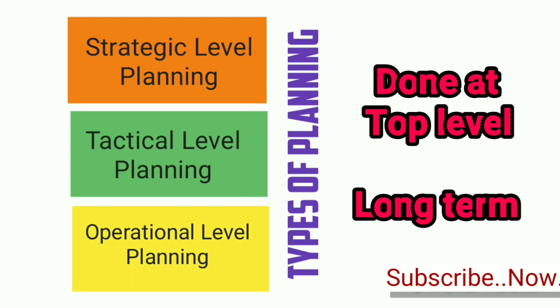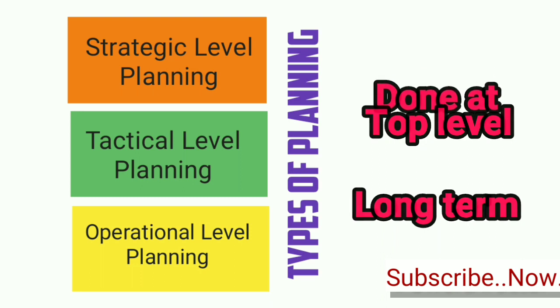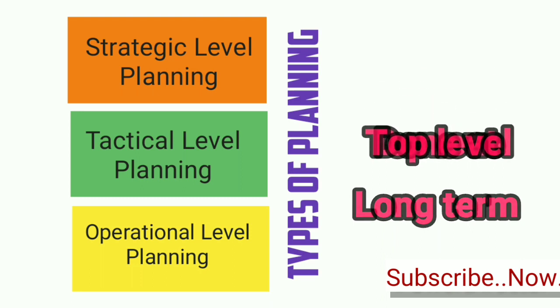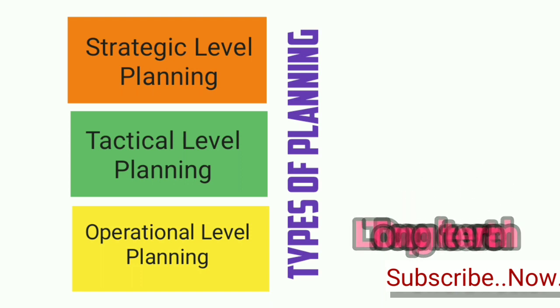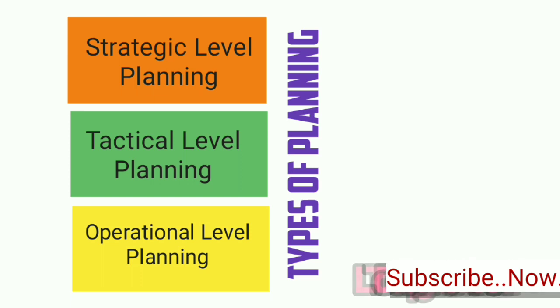For example, expanding the business, retrenchment of employees, or moving into a new country with new business. All these kinds of decisions which have larger and long-term impact are called strategic planning.